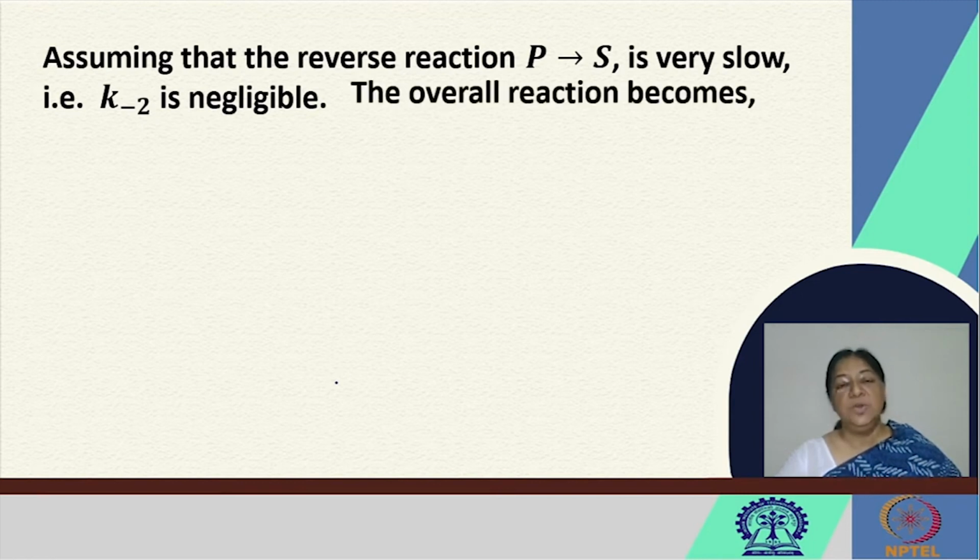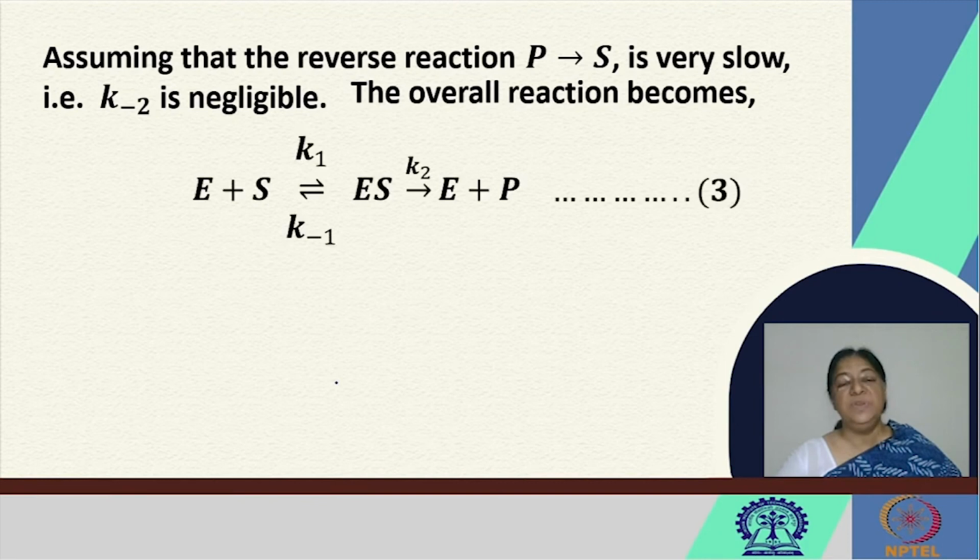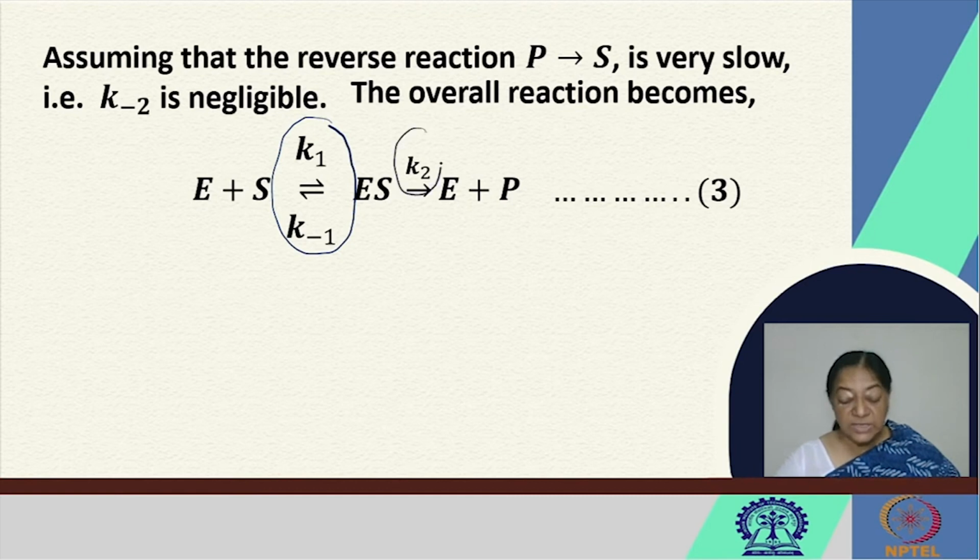As a result, the overall reaction can now be written in a fashion where we have what is called a pre-equilibrium step associated with the enzyme substrate complex and its possible dissociation, and a second step that involves a rate constant K2 in the dissociation of the enzyme substrate complex to form the enzyme and the product.